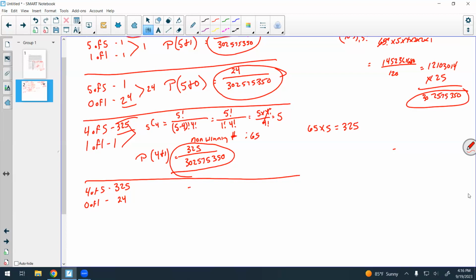So I simply multiply 325 times 24. And I get 7,800. So my probability of 4 and 0, simply 7,800 over 302,575,350.